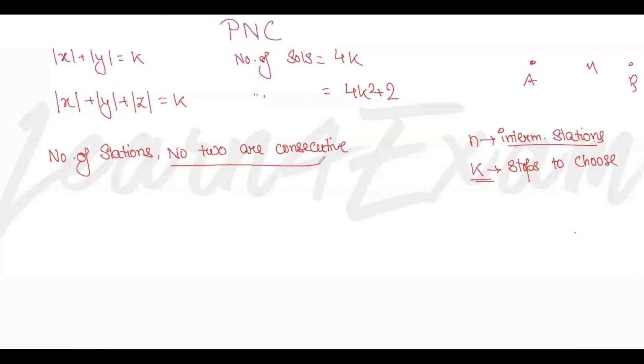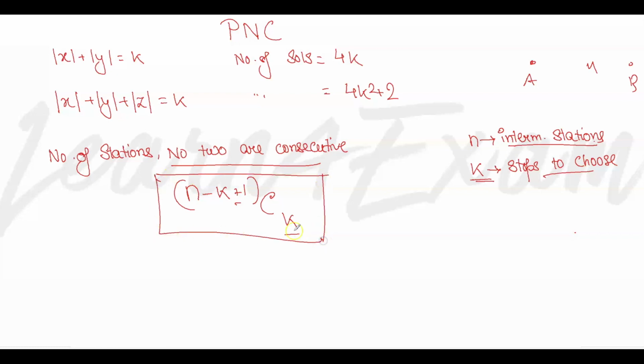For that, the formula is n minus k plus 1 C k. So n is the number of intermediate stations, minus the number of stops at which I need to halt, plus 1, C k. K means the number of stations that I need to choose. This is a very important formula to keep in mind.